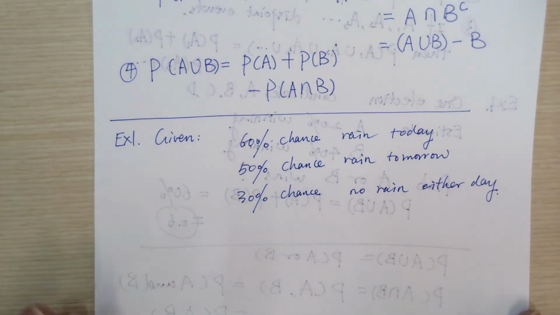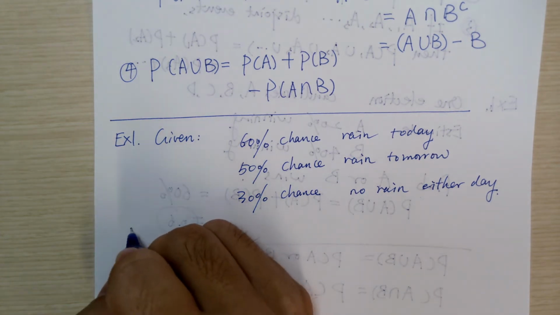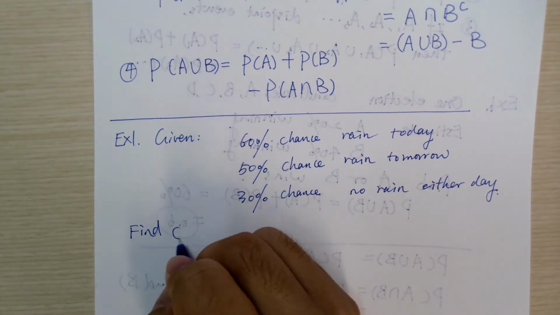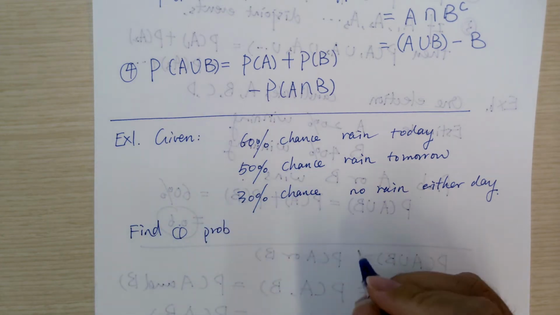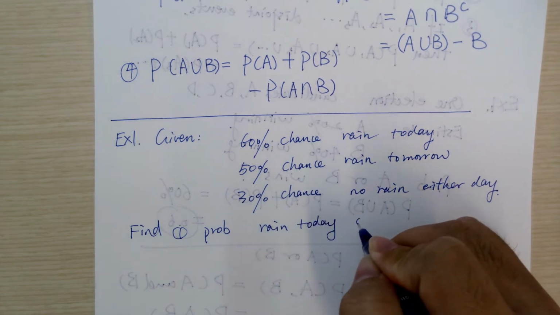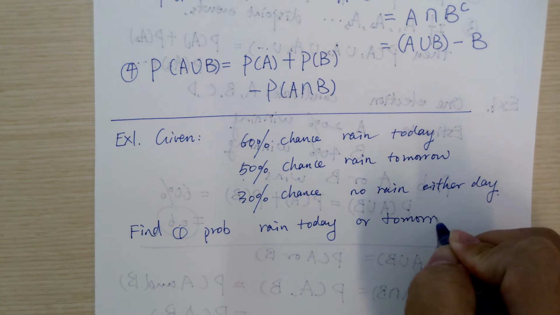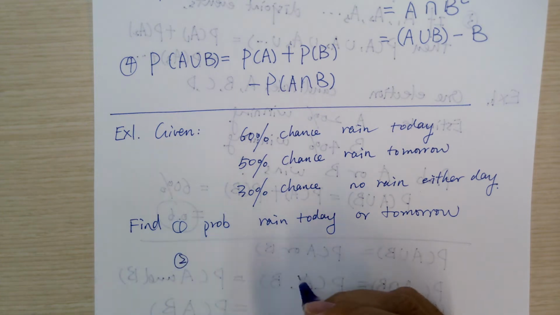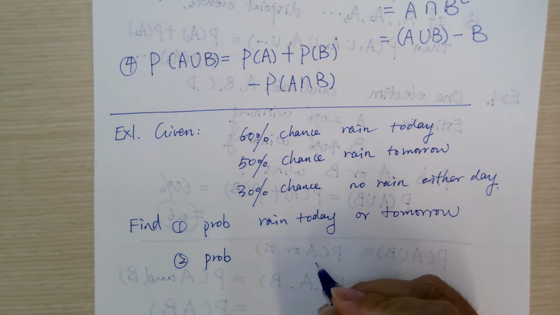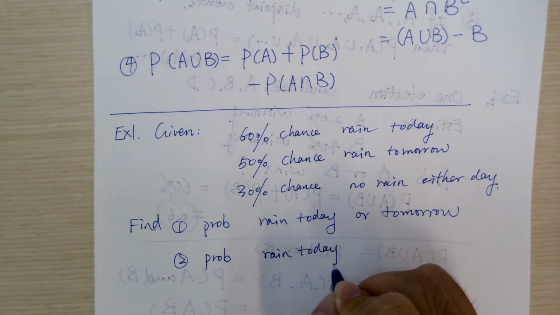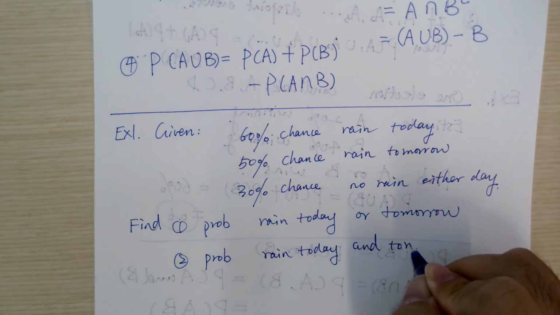We want to figure out the following problems. First, find the probability it will rain today or tomorrow. Second, find the probability it will rain today and tomorrow.